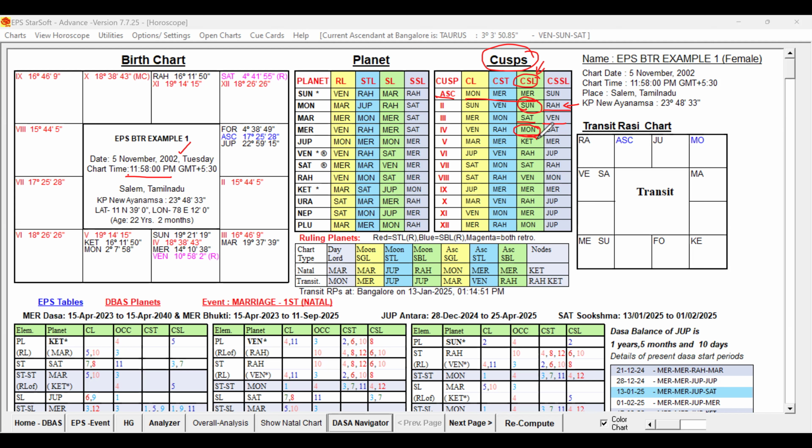Similarly, the fifth cuspal sublord is Ketu, and the sub-sublord is Mercury. Just a 1 minute increase in the birth time, and the cuspal sublord of the fifth house can change from Ketu to Venus. A reduction of 2-3 minutes, and that Ketu can change to the previous sublord Mercury. We have to keep that in mind.